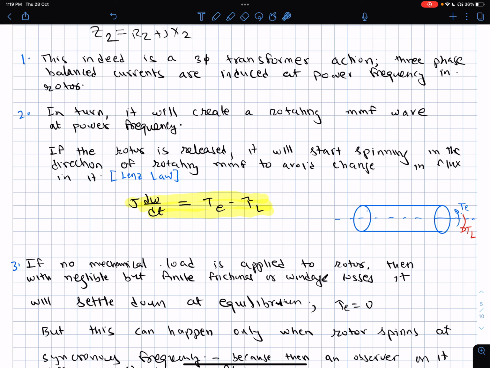So if your magnet is rotating and the currents have to be induced in such a way that, given freedom to rotate, the rotating structure will try to chase or catch up with respect to your rotating magnet which has been created, induced on the stator, so that no change is seen.